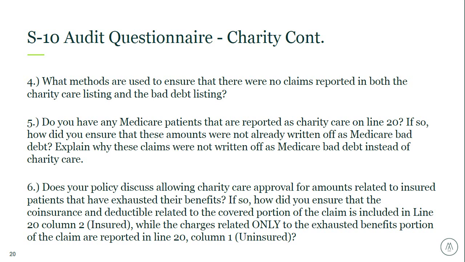The second reason is the timing on when Medicare bad debts can be claimed. You may have to answer how or why a patient's charges that are written off to charity with a Medicare Part A payer are not claimed as a Medicare bad debt. And then also be able to answer how you can ensure that these claims that are currently being counted in charity will not be written off to a Medicare bad debt in a subsequent year.